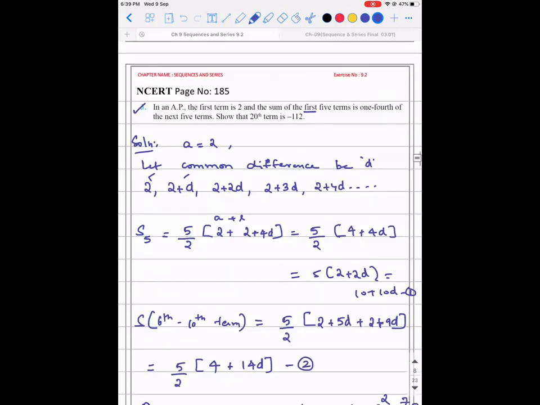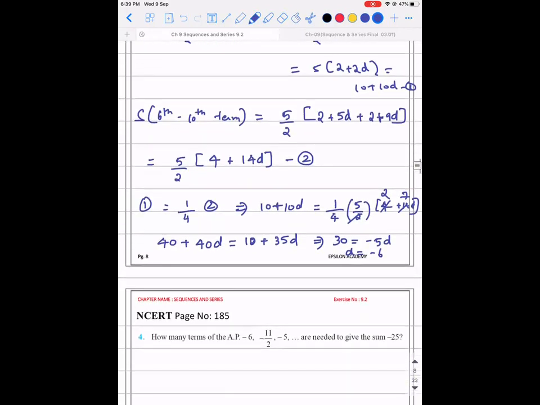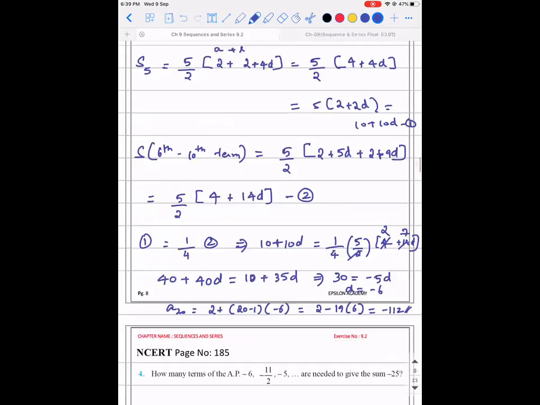So what are they asking? Show that the 20th term. So A20 will be equal to A plus n minus 1 into D, which is minus 6. So 2 minus 19 into 6. What is 19 into 6? 114. So 2 minus 114 is minus 112.